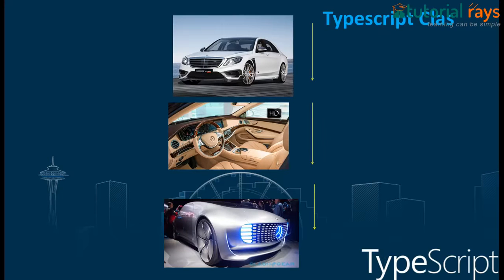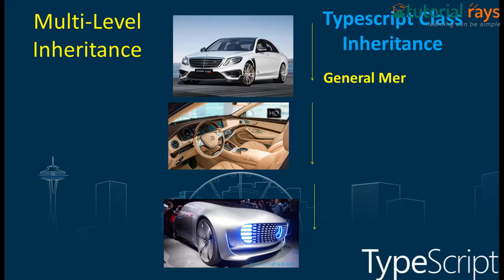And this one is multi-level inheritance. So what does that mean? Multi-level inheritance means one class is inheriting another class and a third class is inheriting the second class. So here in this example, the first one is the general Mercedes car. Now the second one is a luxury Mercedes car.